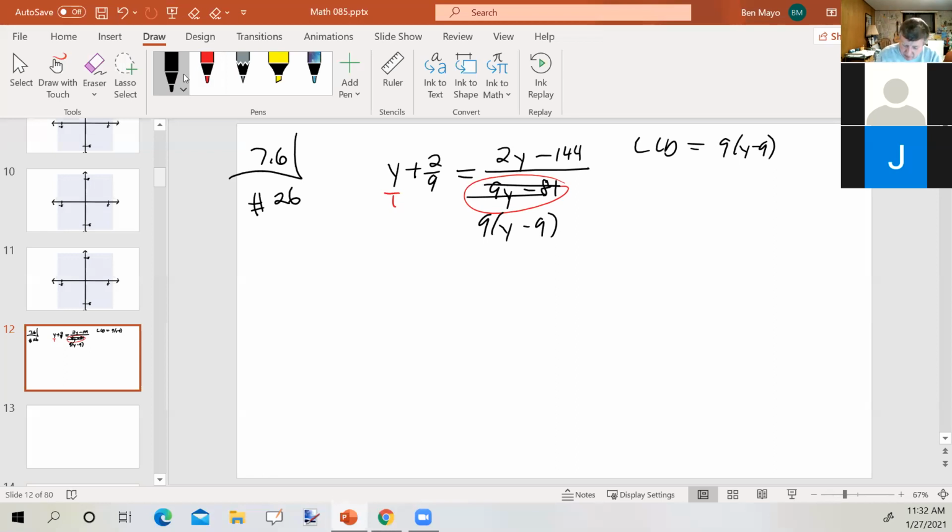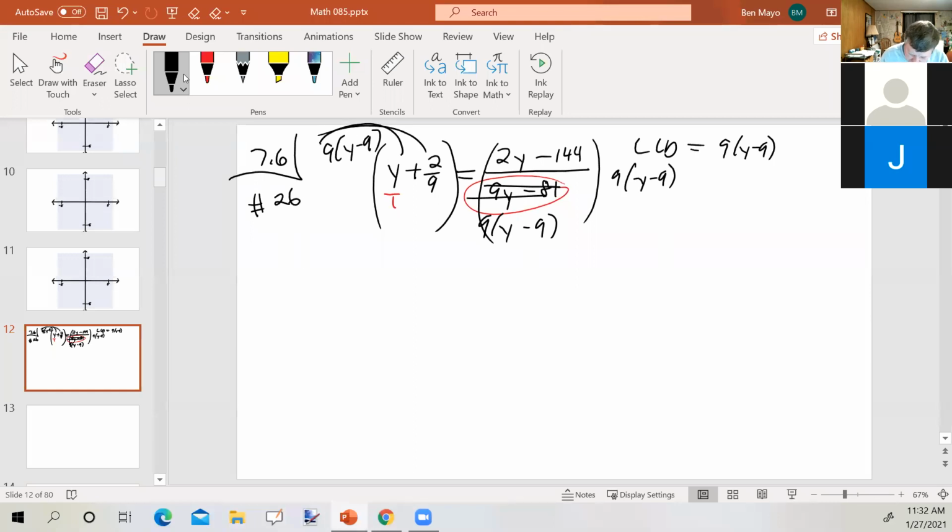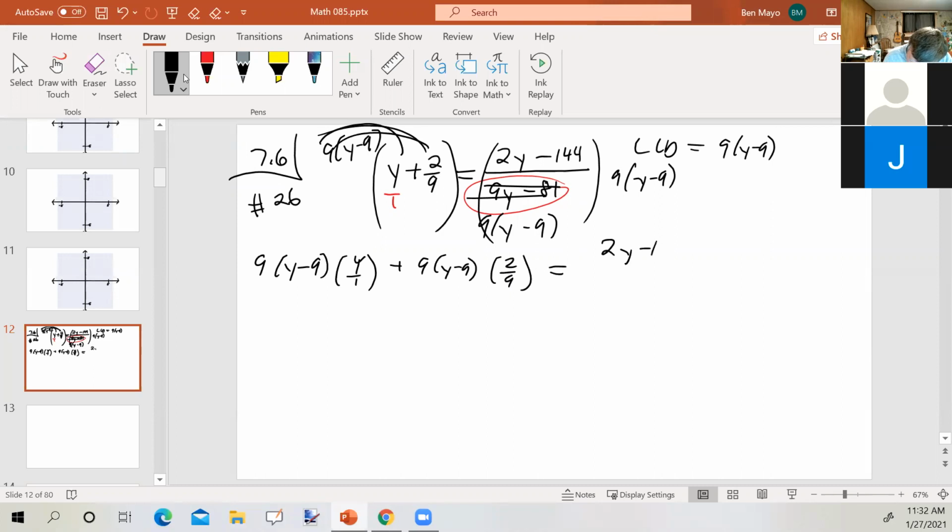All right. So now I'm going to multiply both sides of the equation by 9 times (y minus 9), and over here, 9 times (y minus 9). So distributing over here, I've got 9 times (y minus 9) times y over 1, plus 9 times (y minus 9) times 2 over 9, equals (2y minus 144) over 9 times (y minus 9), times 9 times (y minus 9).